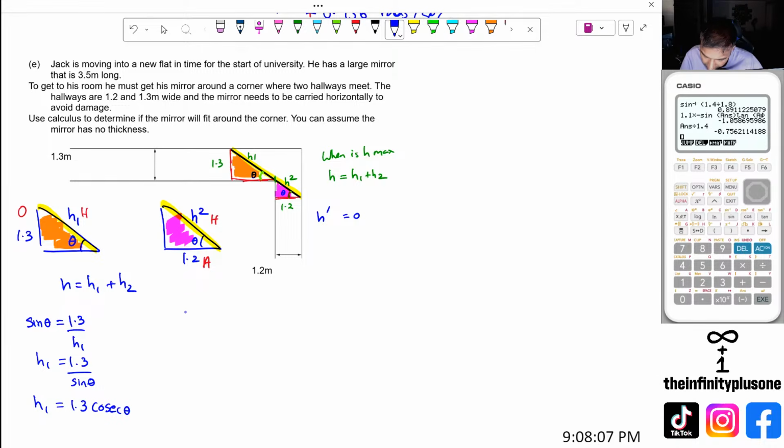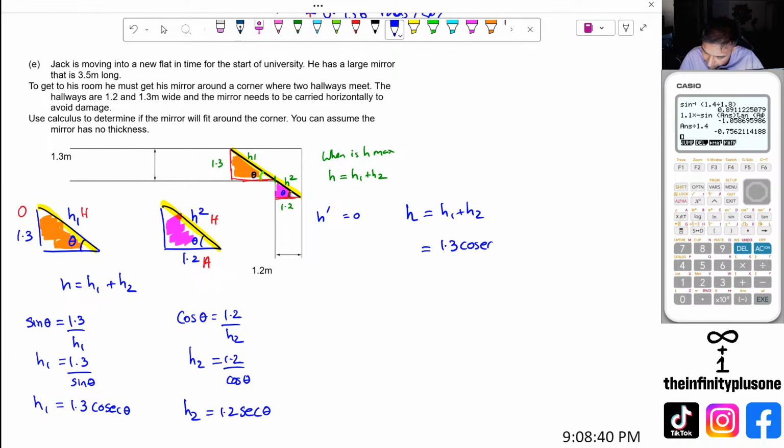And on this side, I've got cos theta equals adjacent over hypotenuse, and then H2 equals 1.2 over cos theta. H2 is 1.2 sec theta. So in other words, my formula for the H is H1 plus H2, which is going to give me 1.3 cosec theta plus 1.2 sec theta.